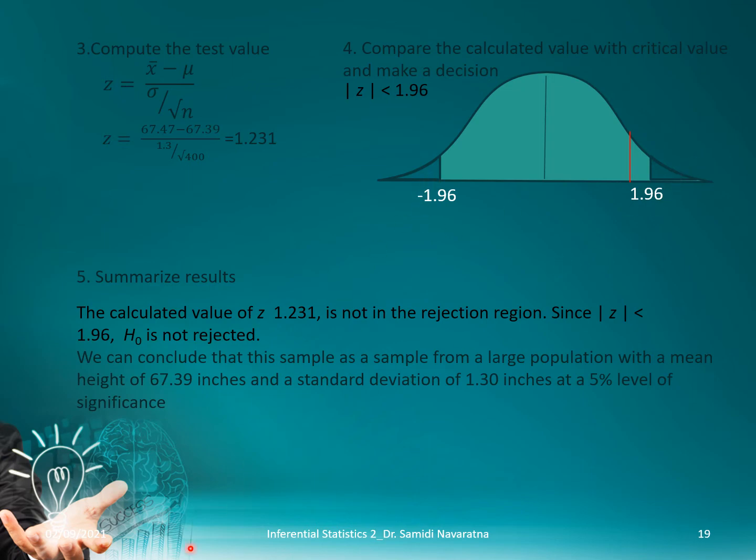Therefore, we cannot reject the null hypothesis. And we can ultimately conclude that this is a sample from a large population with a mean height of 67.39 inches and a standard deviation of 1.3 inches at a 5% level of significance.